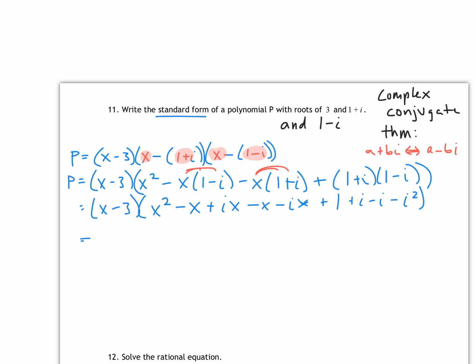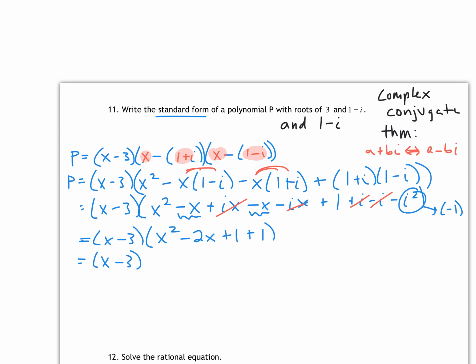Start simplifying. x minus 3. I have an x squared, and then minus 2x. These guys cancel. These guys cancel. Plus 1. I also know i squared is negative 1. That's our property. So minus negative 1 would be another plus 1. Let me just rewrite this as plus 2.